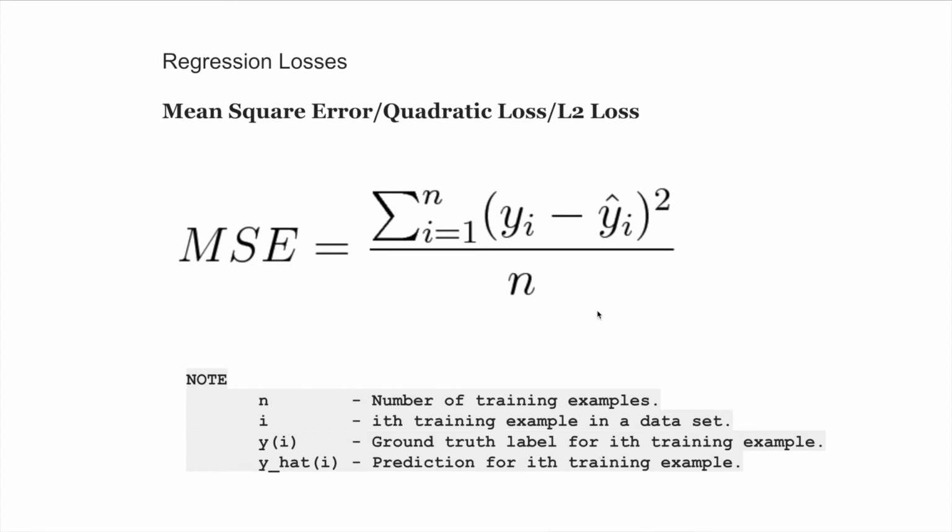So MSE is the summation of squared errors, divided by the total number of samples.